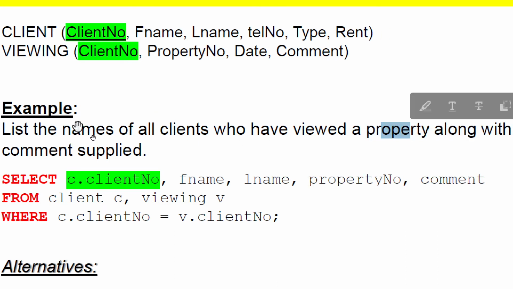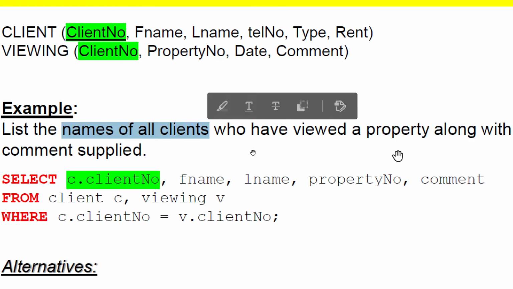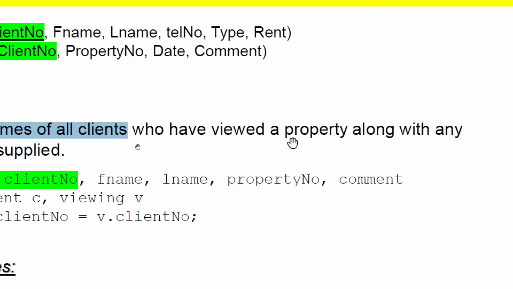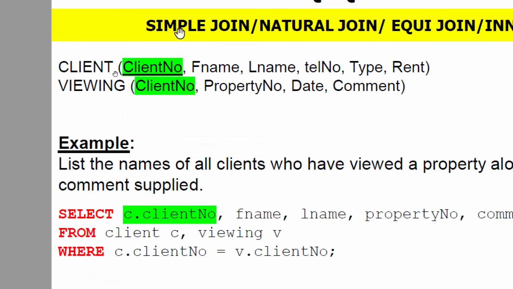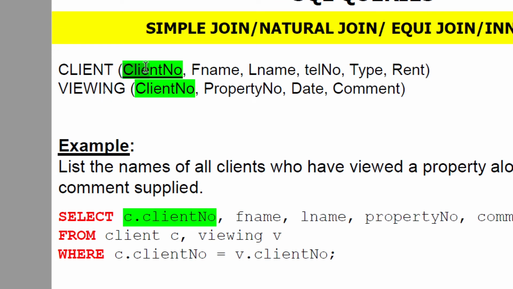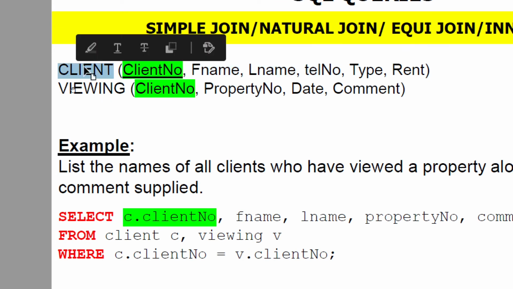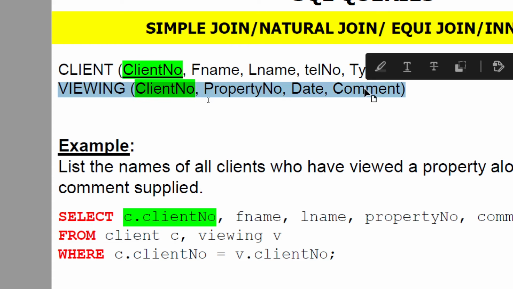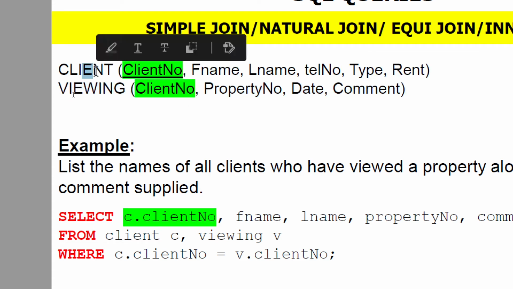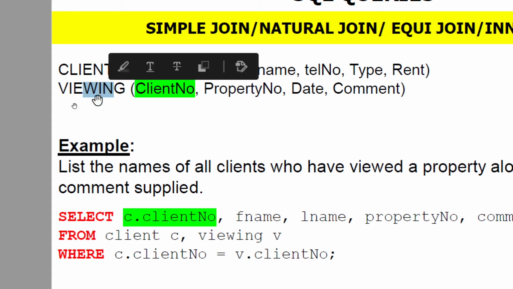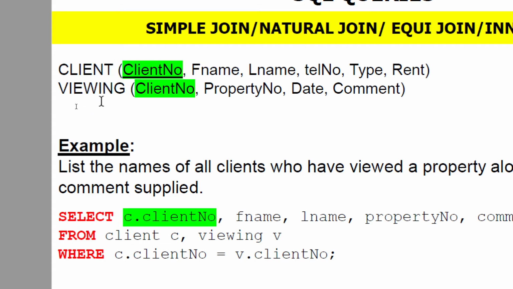So I need to find all the names of the clients who have viewed a property along with, okay, this along with a comments applied. This along with the comments applied is what should trigger our mind to go for a join. Why? Because I can get the client details from this client table over here, but I can get comment only from the viewing table. So I need to combine this client and viewing table in such a way that I get what is required. Fine.